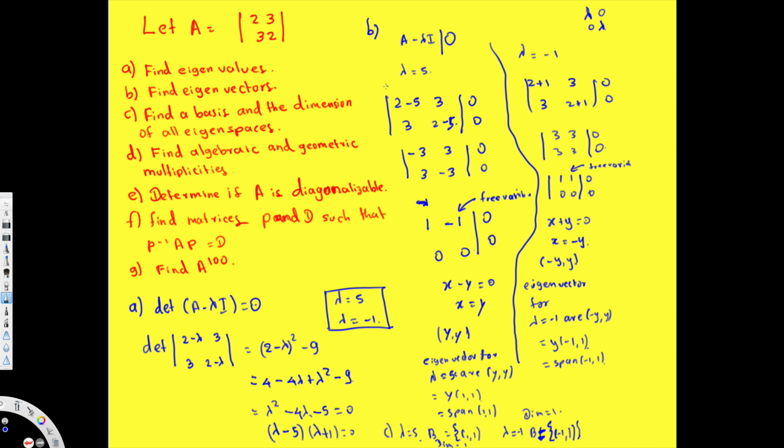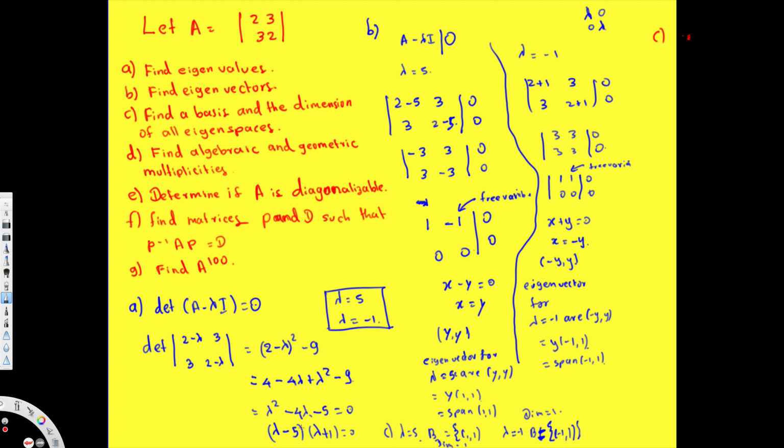Then the next question is asking to find the algebraic and geometric multiplicities. So let's see how we can do this. I choose a different color. Okay, here we go. So this is the C question, asking to find the algebraic and geometric multiplicities. First of all, we have to know what algebraic multiplicity is.